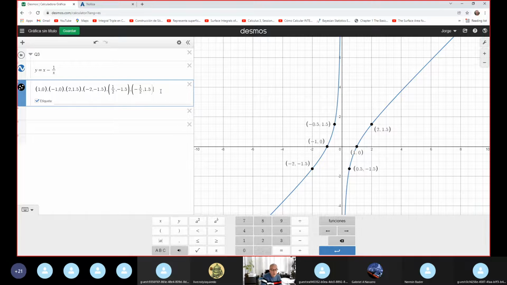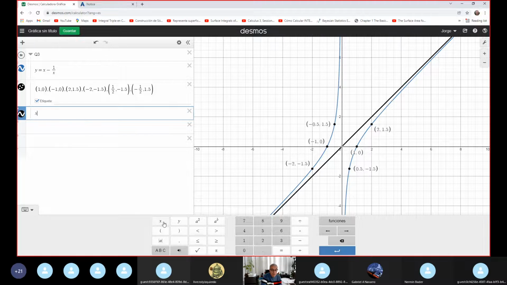Don't forget the super important piece of information, the vertical asymptote, which was at x equals 0, no? X equals 0.